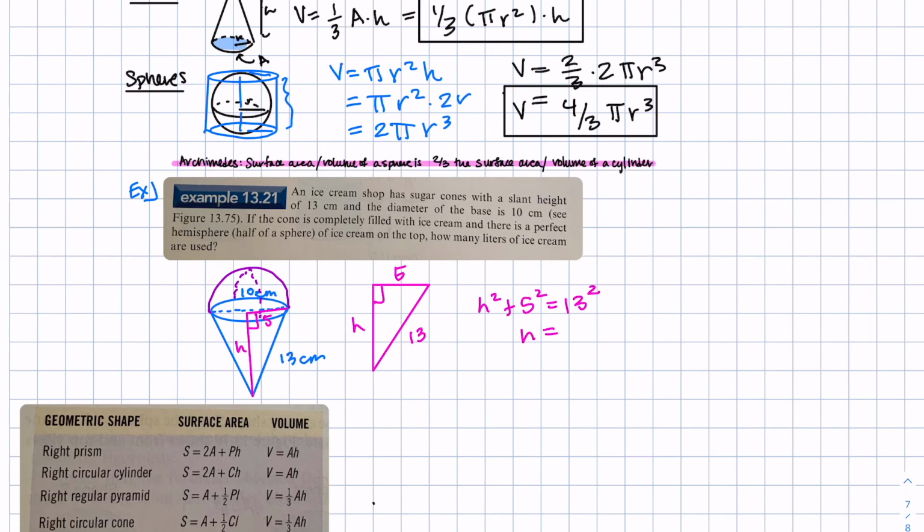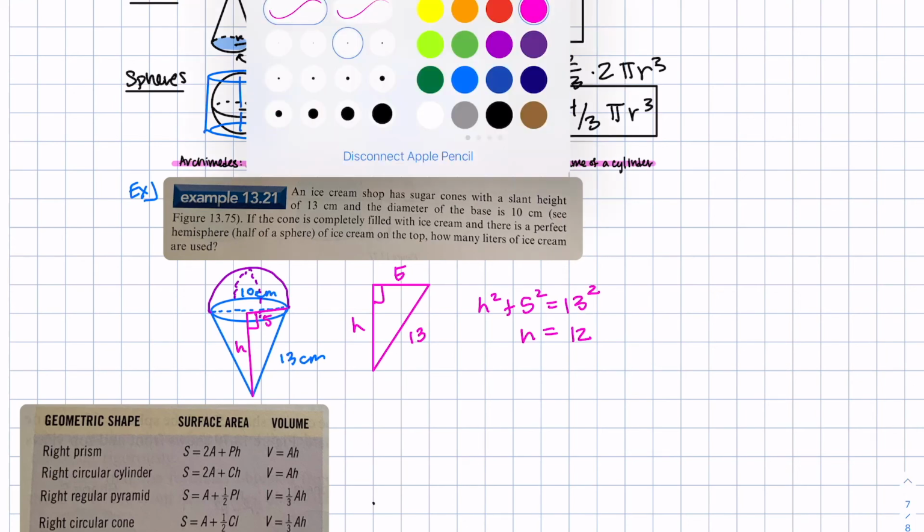Okay, 169. So I'll take that 169 minus 25 and take the square root. What I should get is 12. So 169 minus 25 should be 144, and the square root of that is 12. So this height is 12. So this should give me the volume of the cone.